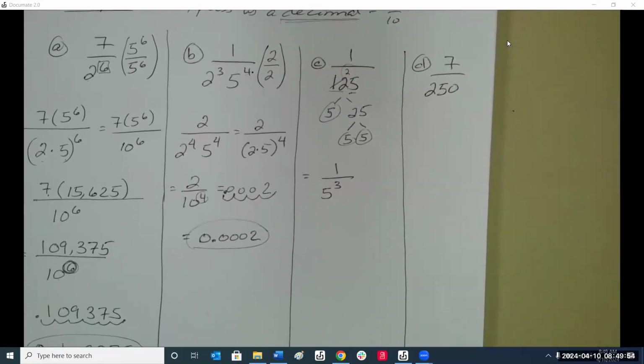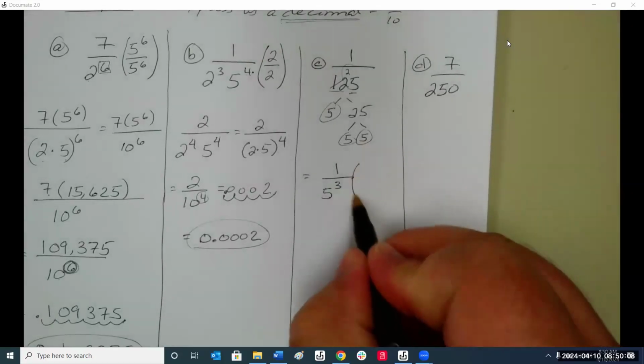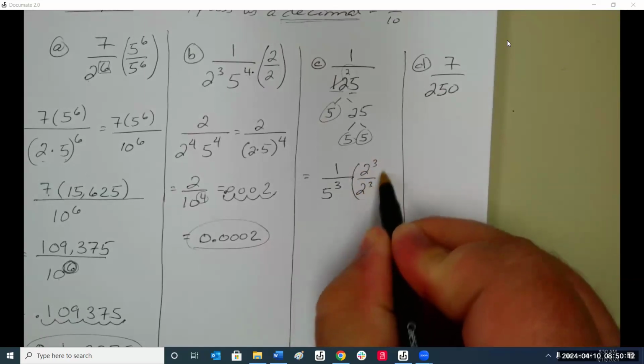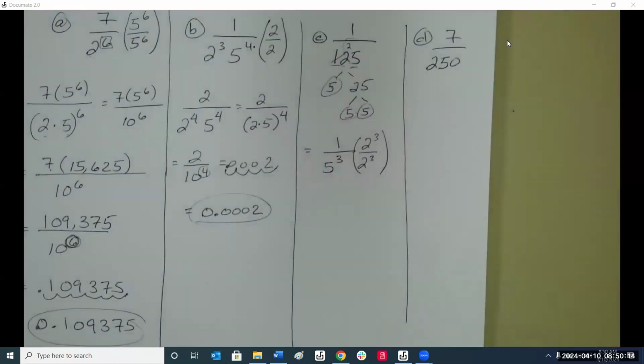So what are we missing? What do we multiply to 5 to get 10? How many 2s do we need? 3. So we have to multiply top and bottom by 2 to the 3rd.